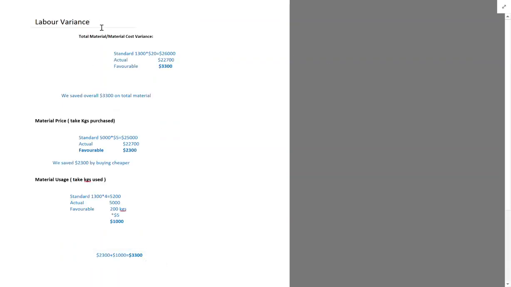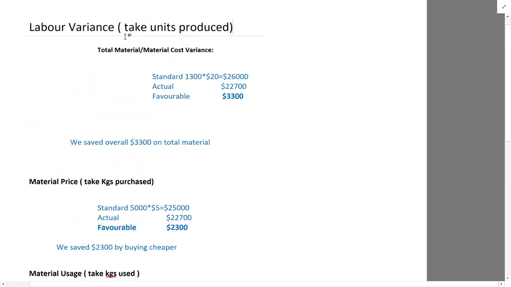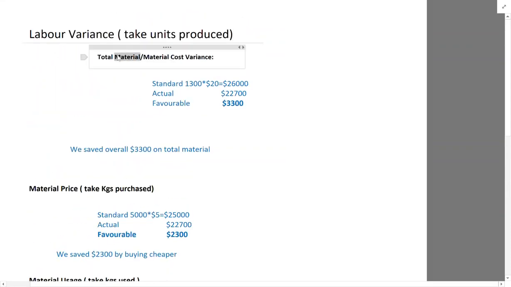So I'm going to take kg units produced, okay, because this is the cost of production. So we have total material, here we have total labor cost variance. So looking at total, how many units did we produce?